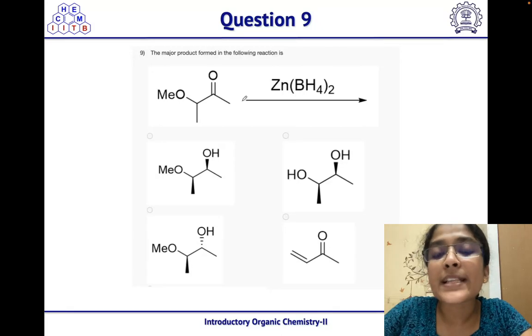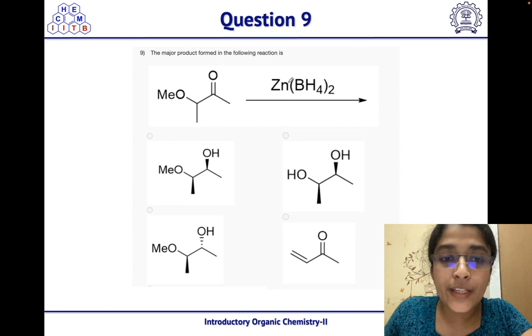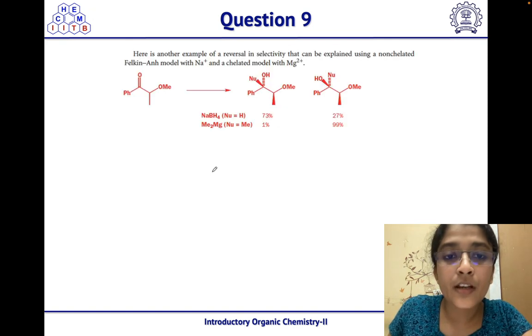This system will not exactly follow the Cram chelate model or the Felkin Anh model, because of the chelating effect from the Zn2+ ions. So we can see what the right answer will be for this question.